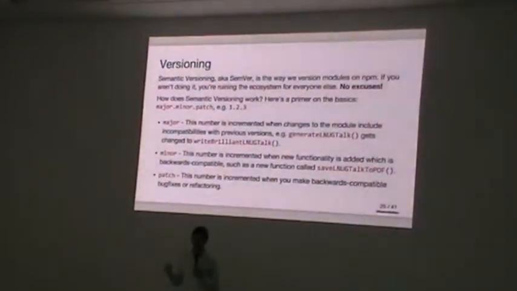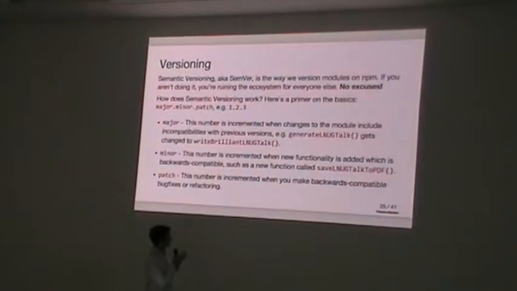So anyone using version 1.2.3, which has generate talk on it, and they upgrade to version 2, they're going to have to change their code because that's now write boolean talk. So having Semver and having that version 1 in their package.json ensures that they won't automatically be upgraded to version 2. They have to manually do that themselves, and it prevents these breaking changes from happening.